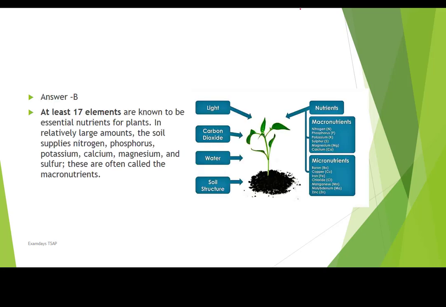The essential nutrients the plants need in relatively large amounts are supplied by the soil: nitrogen, phosphorus, potassium, calcium, manganese and sulfur. These elements are required for the growth of a tree in a specific, scheduled time period.